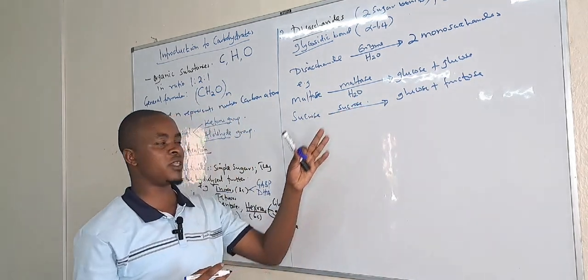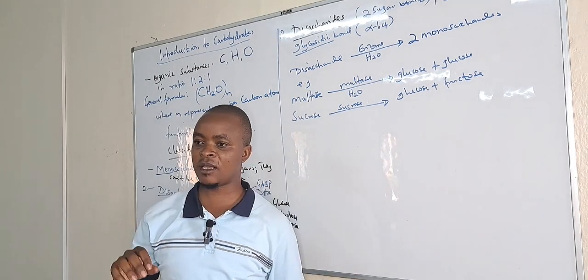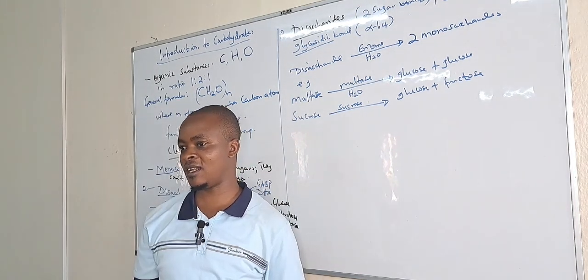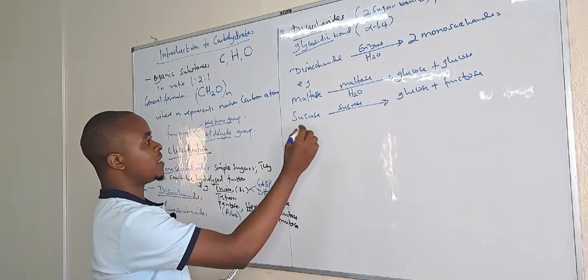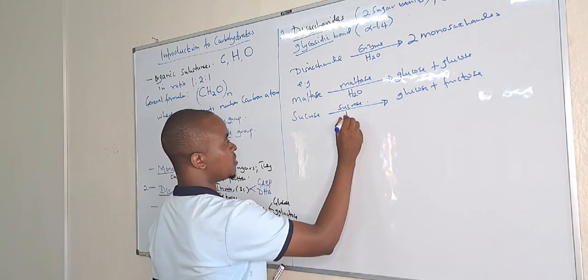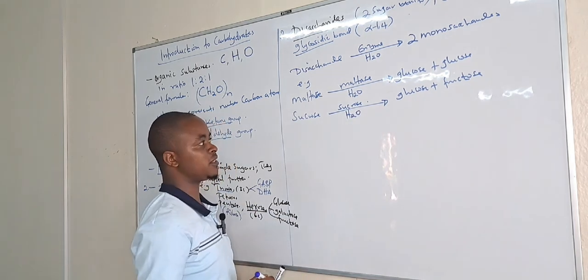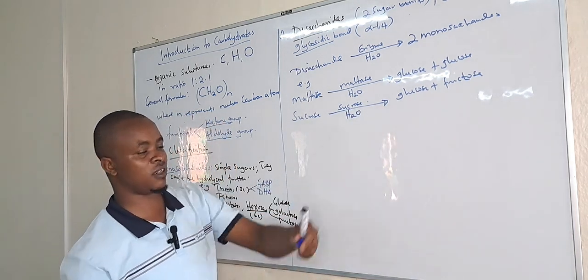What I like with science is that these enzymes are named according to the substrate they are catalyzing. So we see sucrase catalyzing the hydrolysis of sucrose to glucose and fructose.